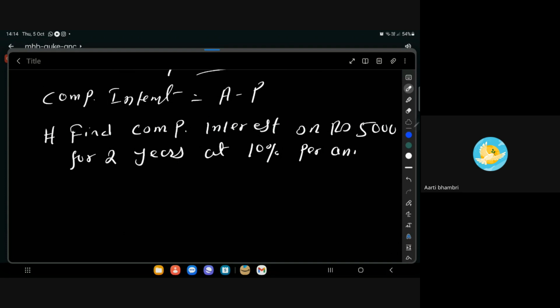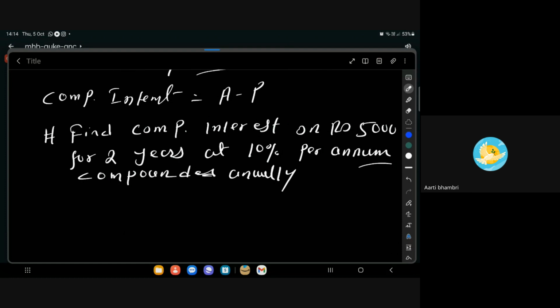Yearly 10%, it will get compounded annually. So find the compound interest of rupees 5,000 for 2 years at 10% per annum. This is the question.